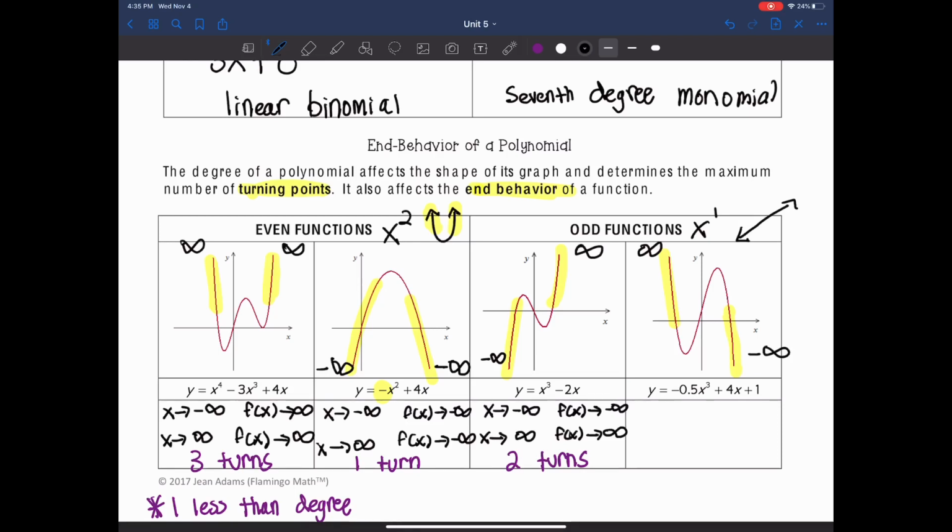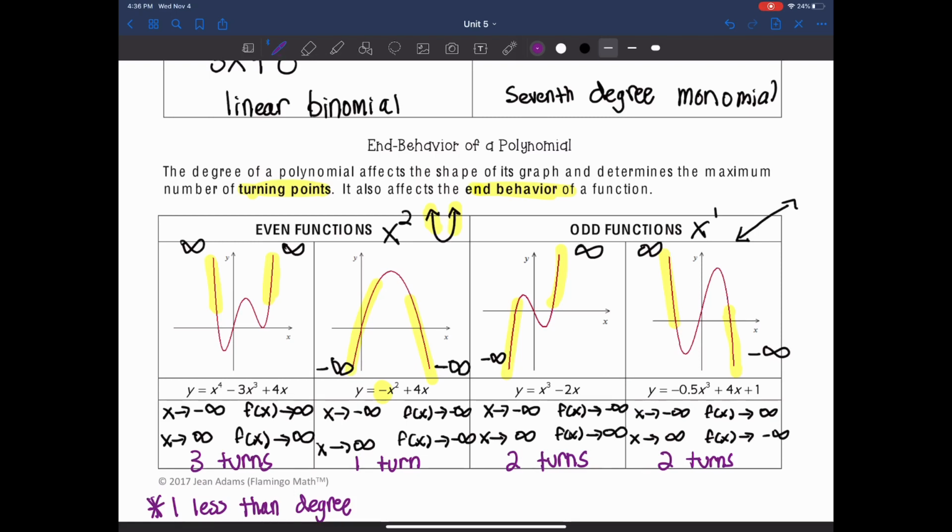So mathematically, we write this as x approaches negative infinity, f of x approaches positive infinity, and as x approaches positive infinity, f of x approaches negative infinity. And this graph is going to have 2 turns because the number of turns is 1 less than the degree.